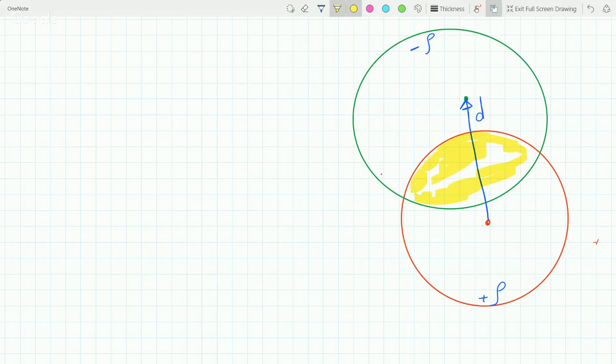is constant. Now, of course, in this overlap there are going to be two fields, one due to the upper sphere and one due to the lower sphere. So let's go ahead and find the one due to the lower sphere.